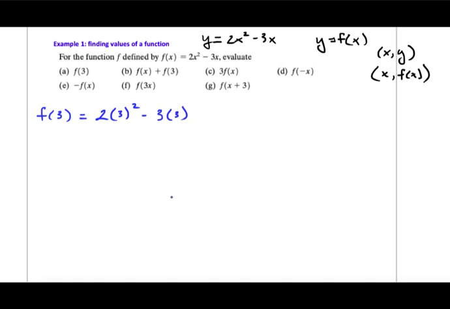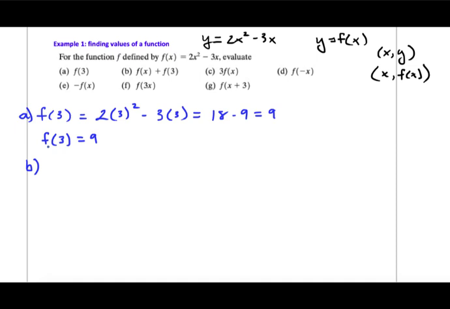Then we can evaluate that, and that becomes 18 minus 9, which is 9. So we would say that f of 3 is equal to 9. So that's part A.